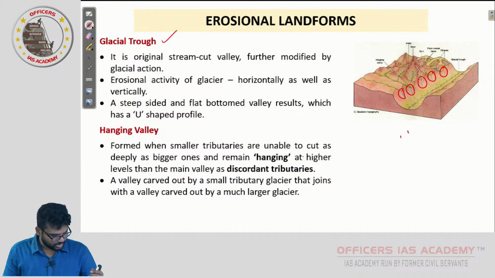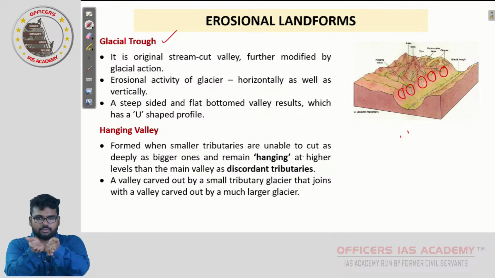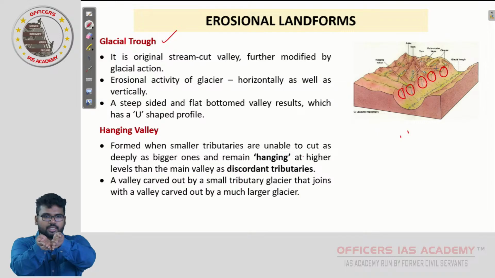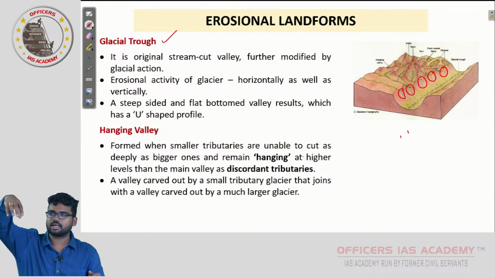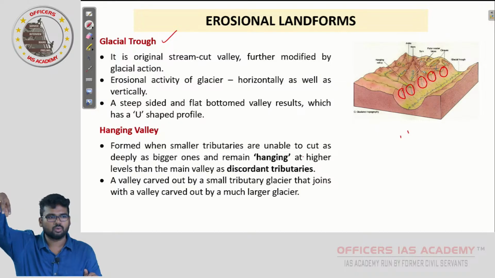Hanging valleys are always perpendicular to the glacial trough, in a sense. Because if the glacial trough is this kind of depression, now imagine somewhere here there is another valley created by glaciers coming from the upper stretches of the mountains.